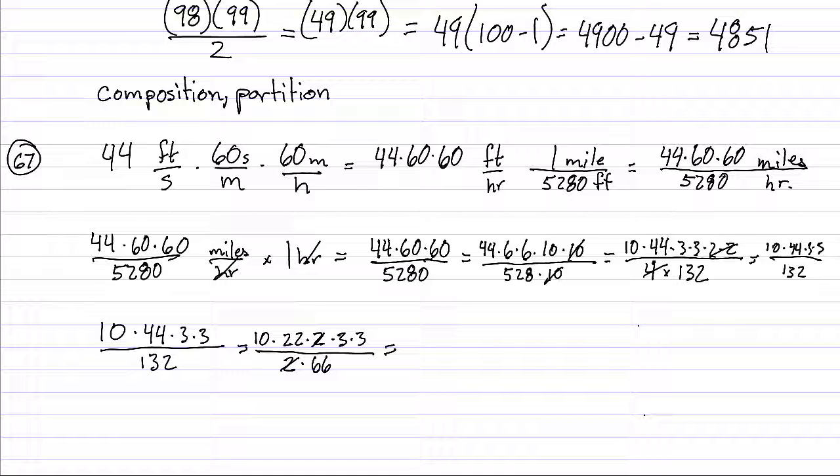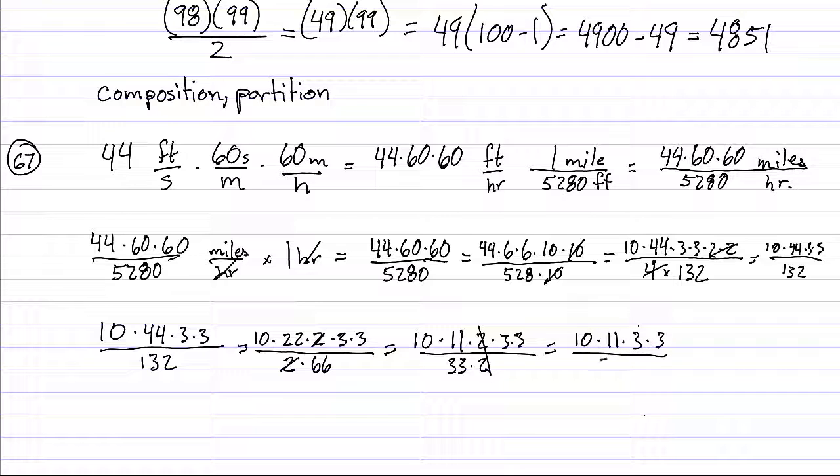That would be equal to 10 times 11 times 2 times 3 times 3, divided by 33 times 2. Cross those out. 10 times 11 times 3 times 3 divided by 3 times 11, because 33 equals 3 times 11. Cross those out. Here's the answer, 3 times 10, or 30.